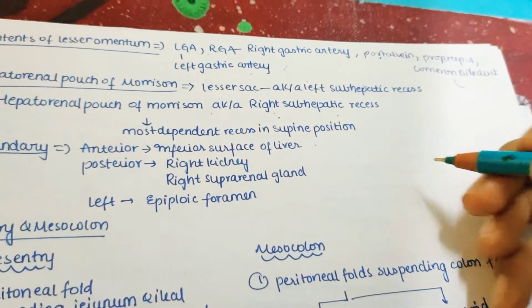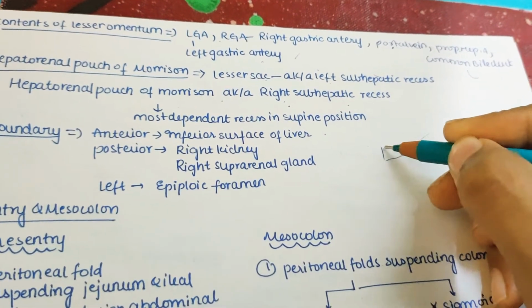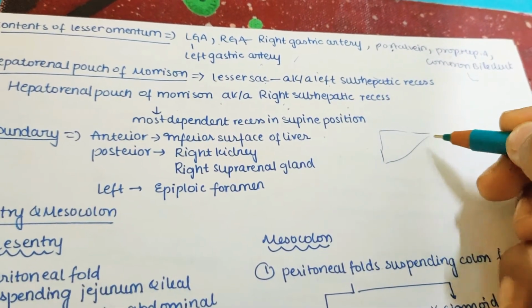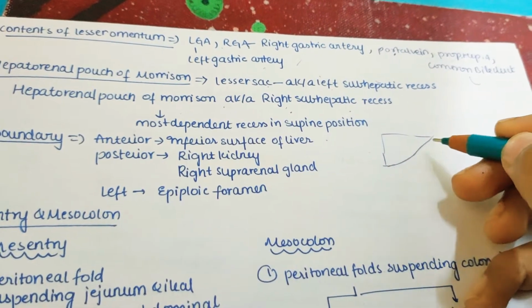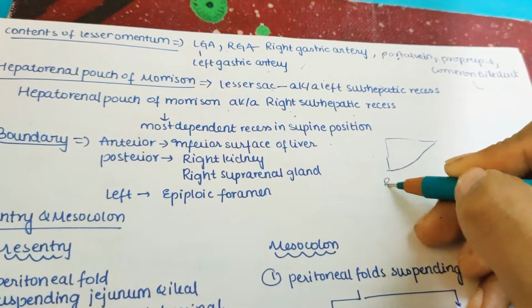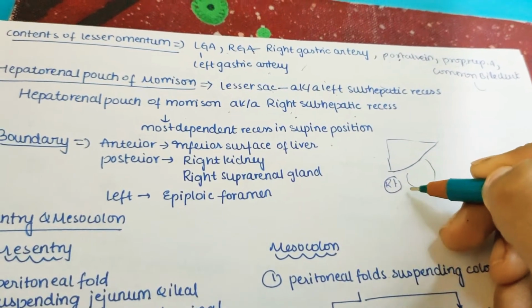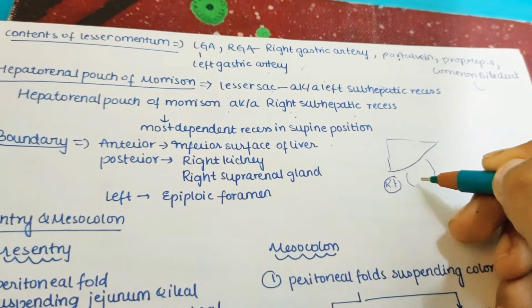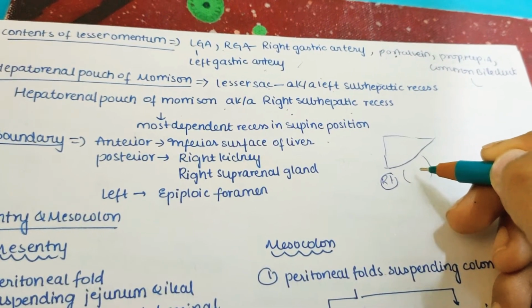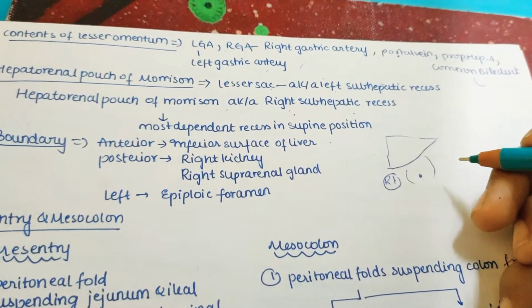So you can draw this. For example, this is our liver. Okay, so below the liver, exactly below the liver, on the right side here, this is the right side. This place is called the right subhepatic recess, also called the hepatorenal pouch of Morrison, and this is the most dependent recess in the supine position.